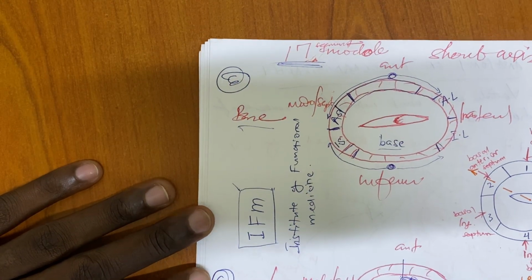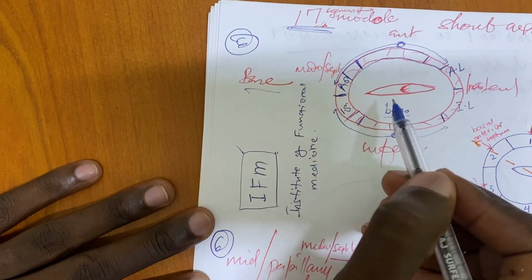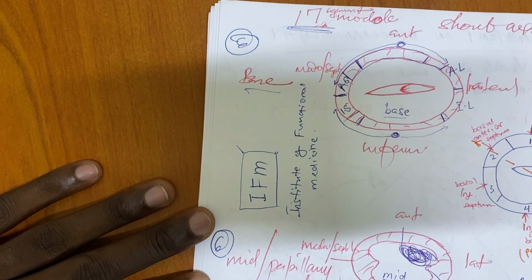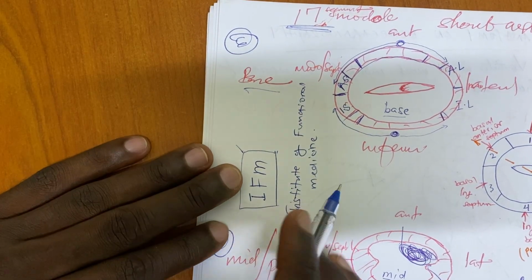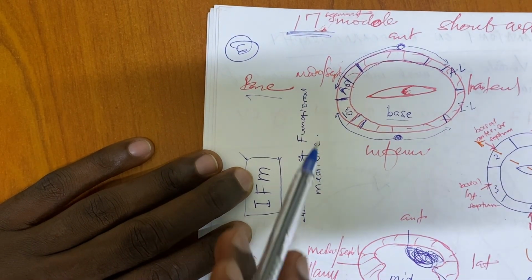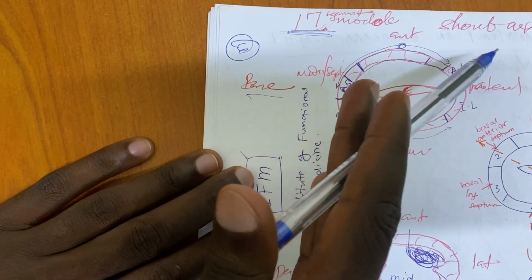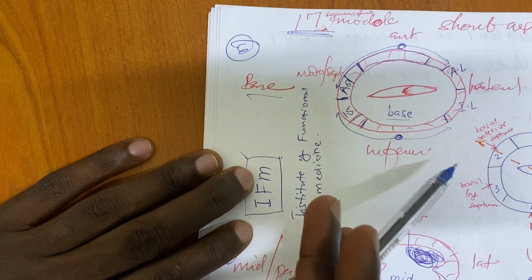segments, we have to subdivide into more. We are subdividing the medial side and the lateral side. The medial side has the anterior aspect of the medial side and the inferior aspect of the medial side. Same happens to the lateral: it has the anterior aspect of the lateral side and the inferior aspect of the lateral side.